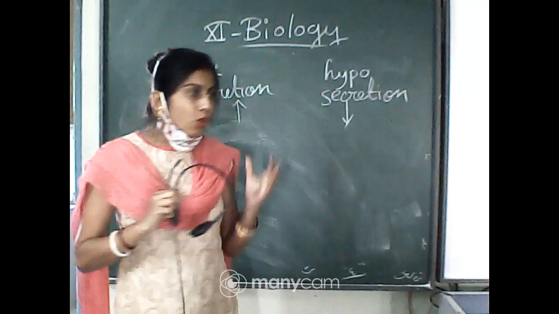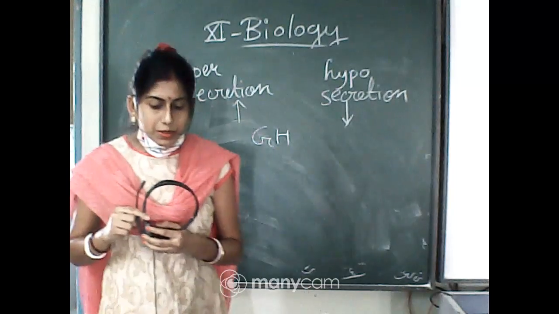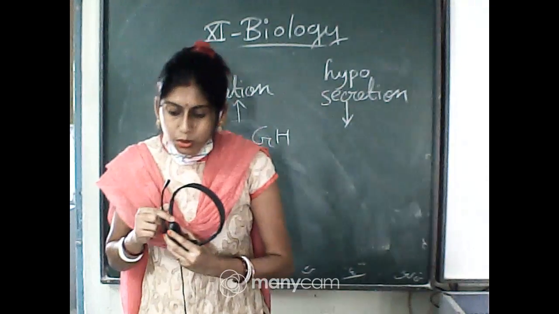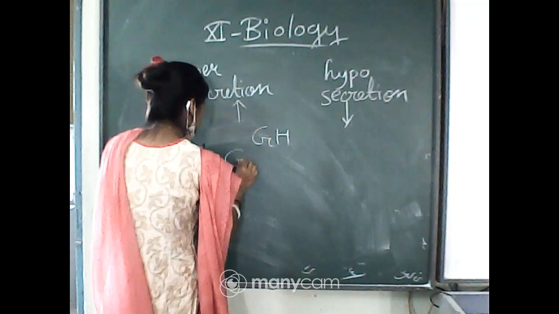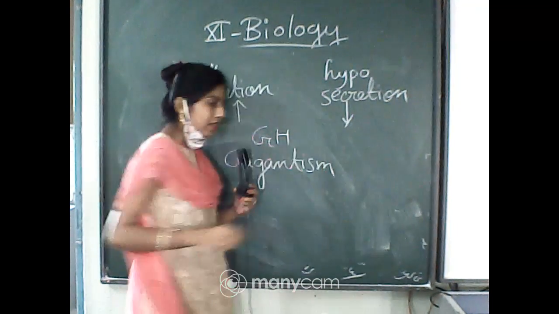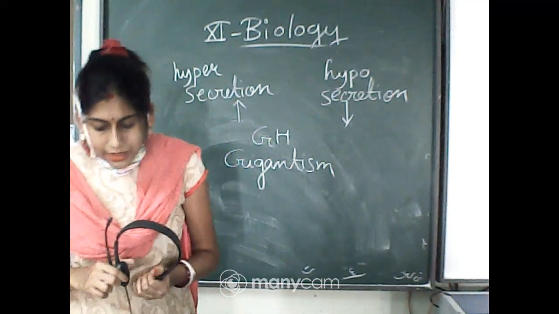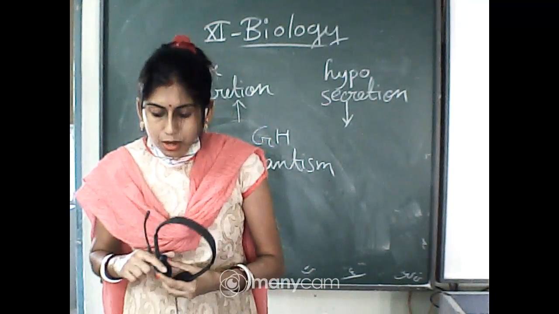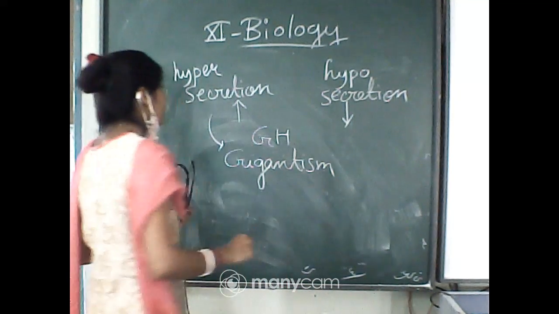Now the oversecretion of the growth hormone, that is GH, can create some problems. Oversecretion of GH stimulates abnormal growth of the body and creates a condition called gigantism.